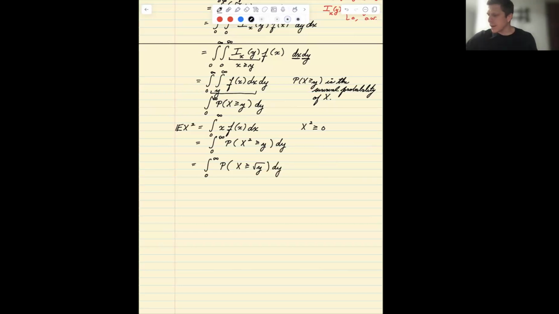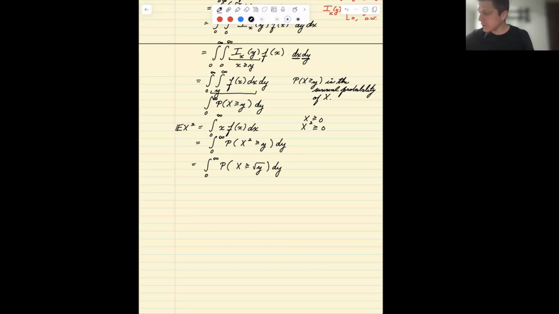And if x is a non-negative random variable, x is going to be bigger than or equal to the positive square root. We could still do this in the case where x was an arbitrary random variable; we would just have to take into account x being less than or equal to the negative square root.